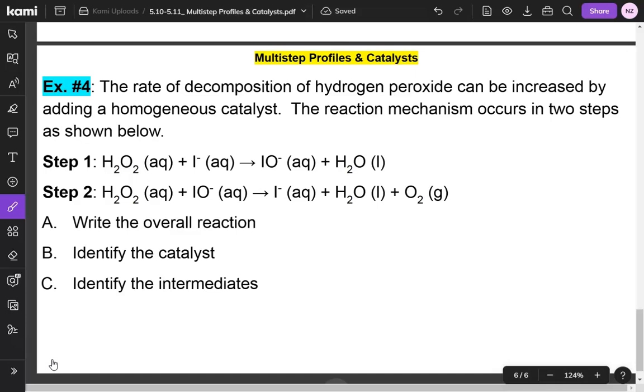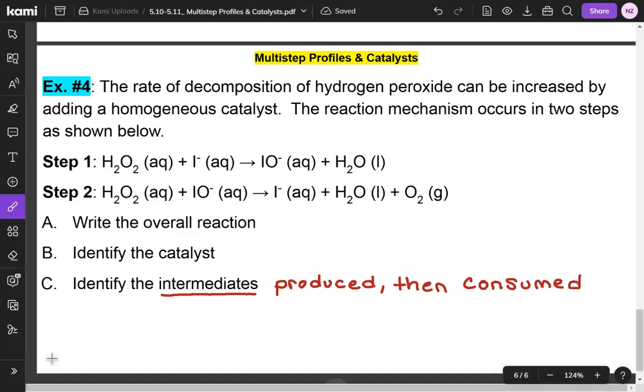So let's start with intermediates. Since we've talked about intermediates before, let's see where an intermediate is. Remember, an intermediate is produced and then used up, or consumed.